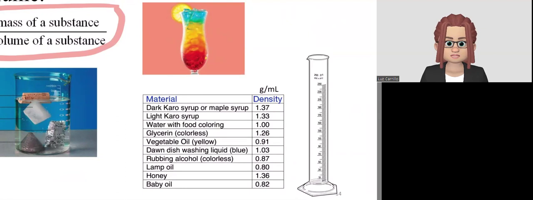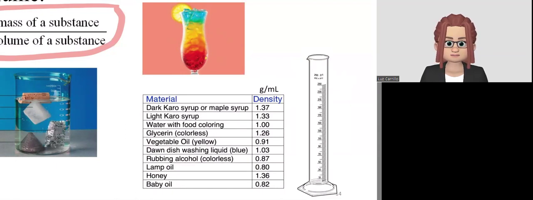And that's why you can create that gradient effect in that particular drink. So here in the table, we have different materials. We have corn syrup, we have water with food coloring, we have vegetable oil, we have baby oil, we have honey.